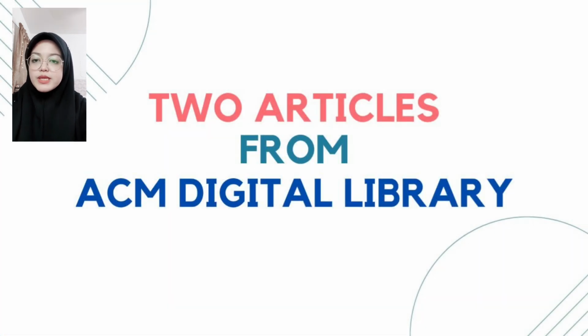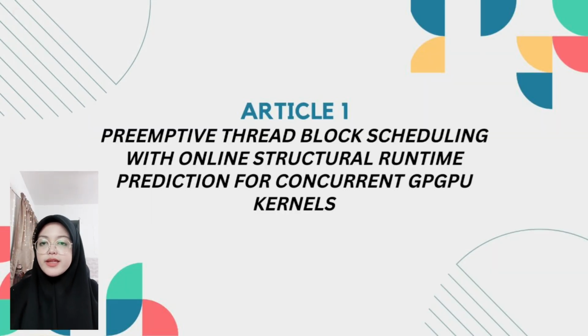Okay, today I want to present about assignment 1, where I studied and researched 2 articles that I found on the ACM Digital Library. For article 1, I searched for the topic Preemptive Thread Block Scheduling with Online Structural Runtime Prediction for Concurrent GPGPU Kernels.